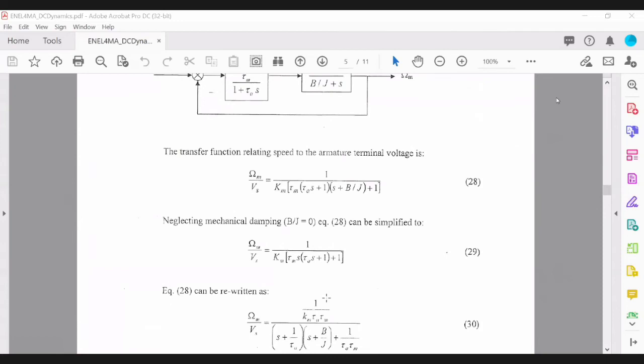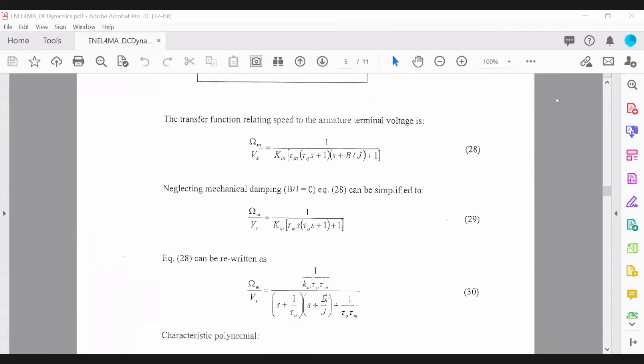And you can rearrange equation 28 as shown here.